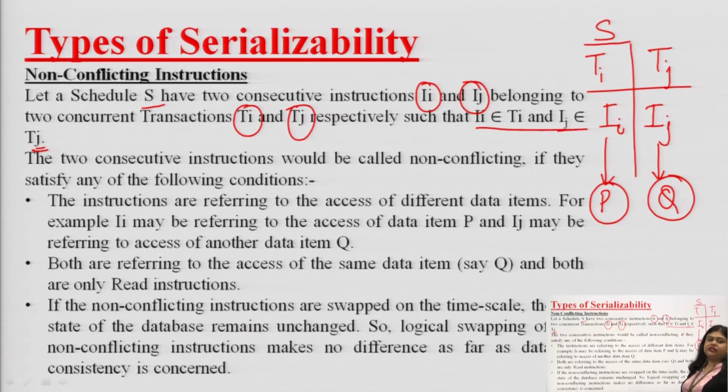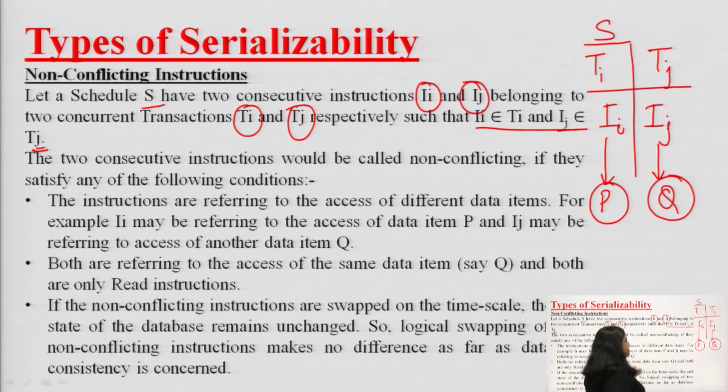So, the first condition is that two instructions will be called non-conflicting if they are using two different data items. The second condition says that both are referring to the same data item and both are read instructions.